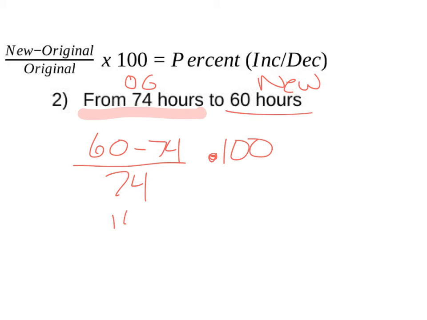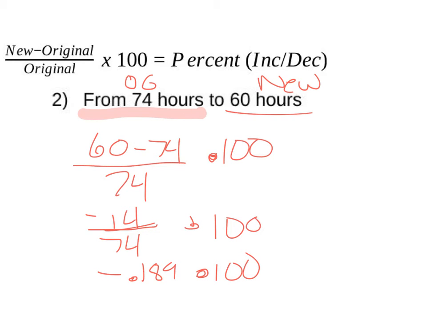So if we work through those calculations, negative 14 over 74 is going to turn into a negative 1.89. It's going to be important that the negative falls along, because on top of seeing it go down, this is telling us that we are decreasing in value.